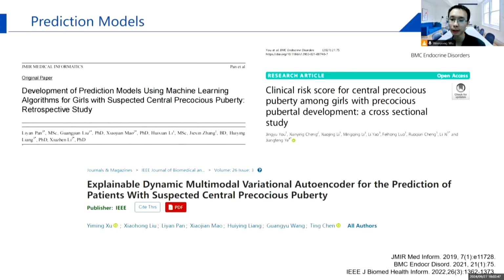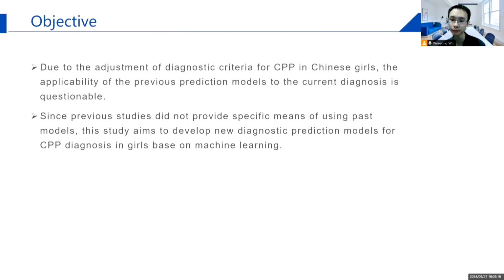Prediction models can be used to predict the probability of CPP diagnosis based on some baseline features of patients. Some researchers have developed several prediction models based on different methods. These prediction models provide an exploration of identification tools for CPP patients. However, the prediction models have not yet entered clinical application.